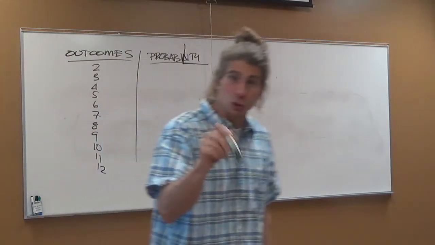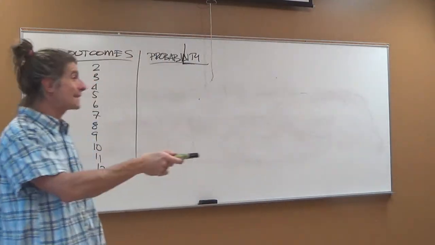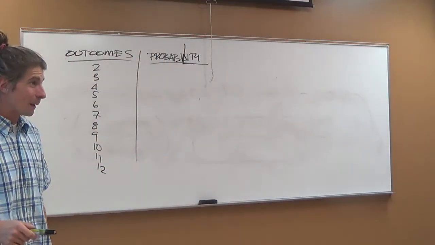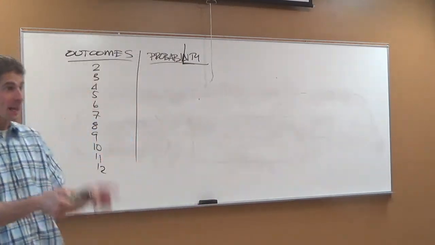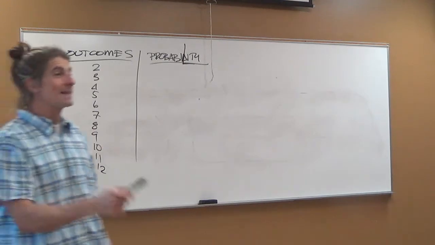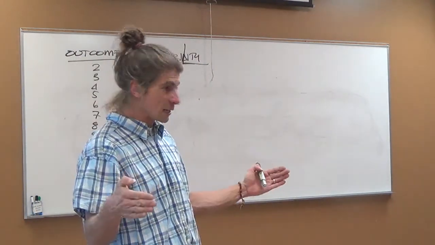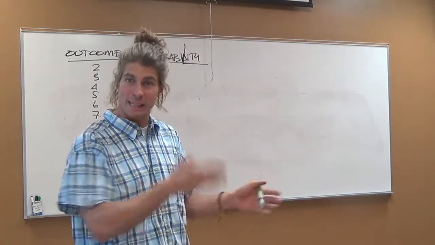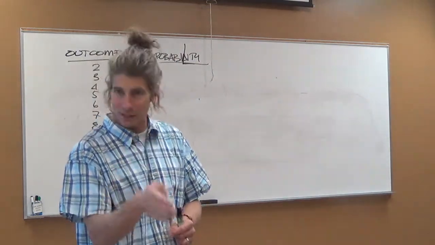Your password for school for your network account has to be between 6 and 15 characters, case sensitive, numbers included. That's caps or lowercase, so 52, plus 10 digits is 62 possibilities for each character. If you have a 6-character password, it's 62 times 62 times 62 times 62 times 62 times 62.